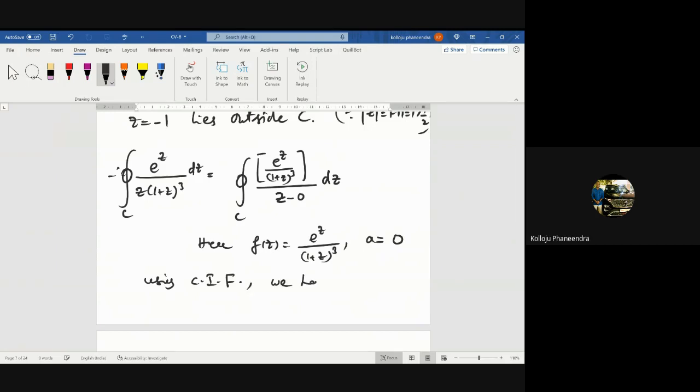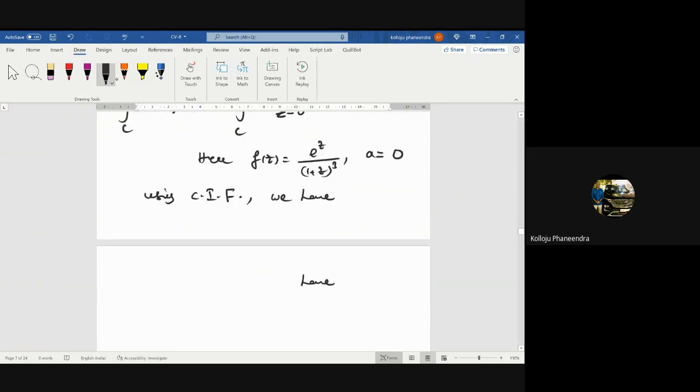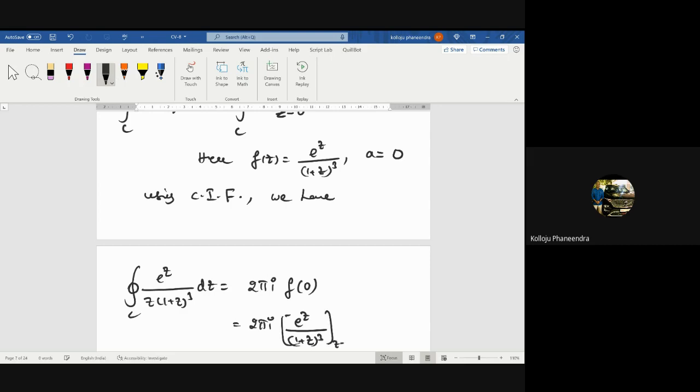So using Cauchy integral formula, the integral over C of e^z by z(1+z)^3 dz is equal to 2πi times f(0). That is 2πi times e^z by (1+z)^3 at z = 0.